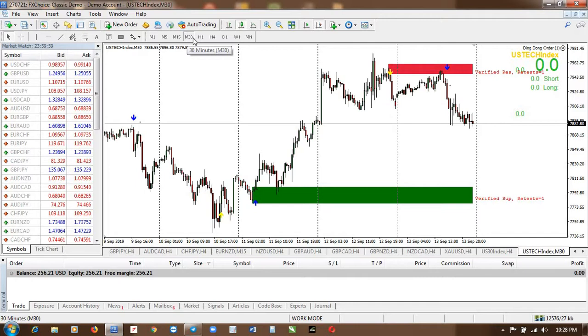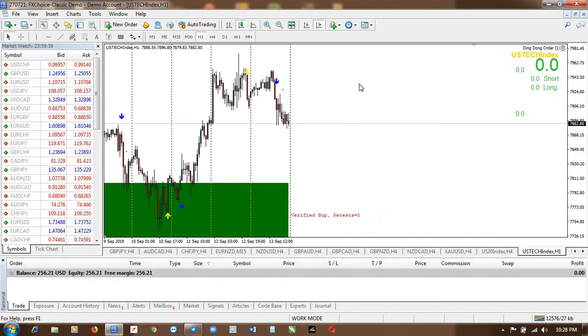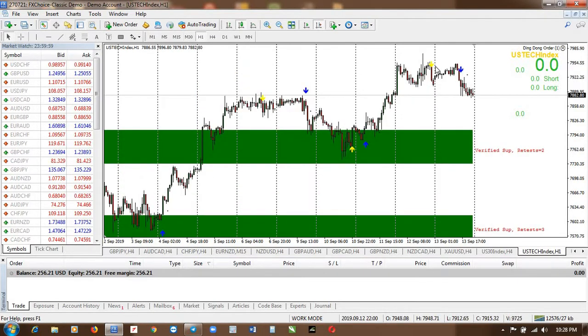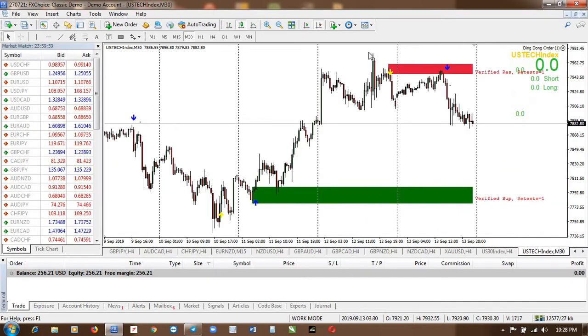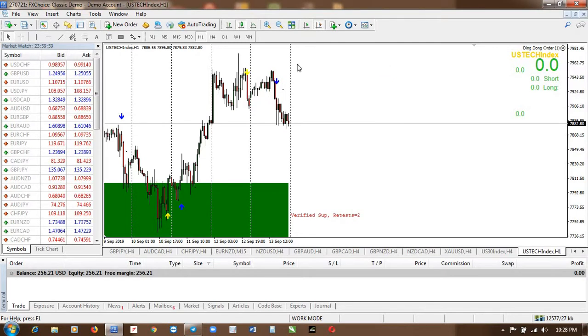If you want to enter on 1 hour, and the price is only showing the yellow arrow, but the blue arrow is not yet out, you can go on 30 minutes to check what's going on. If the blue arrow is out, then okay, let me take my trade.